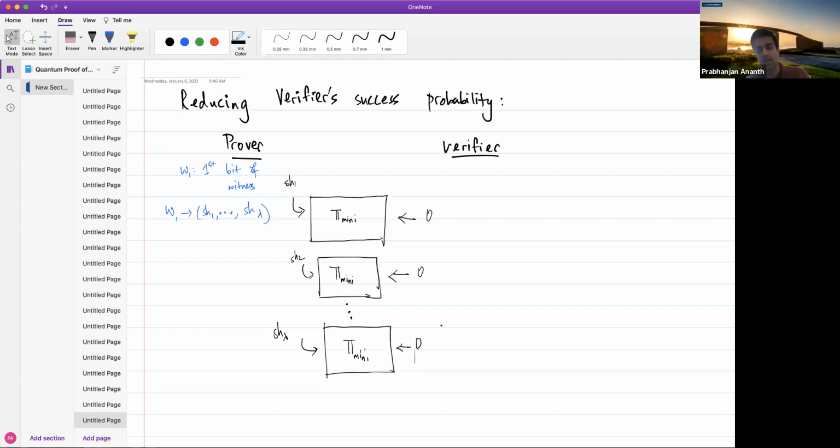And so since there are lambda many executions, the probability that it's going to get correct shares in every execution is going to be negligibly small. And in terms of extraction, the extractor is going to extract from each of these pi mini protocols to correctly extract the shares SH1 through SH lambda. And then using all these shares, it recovers W1.